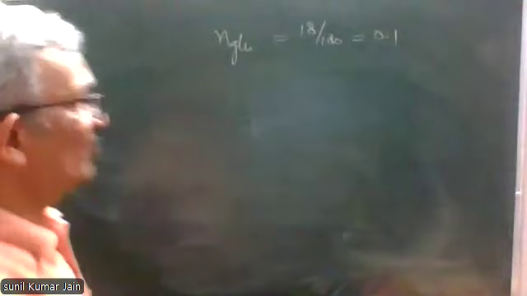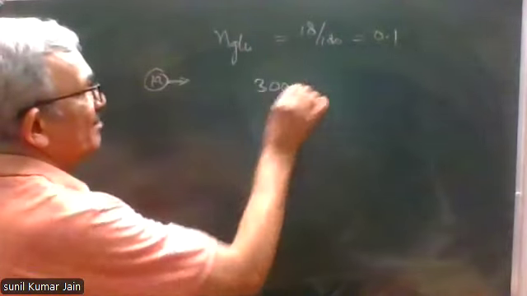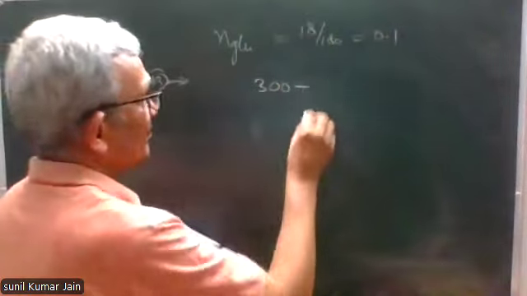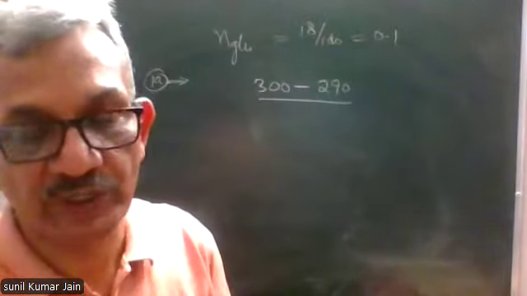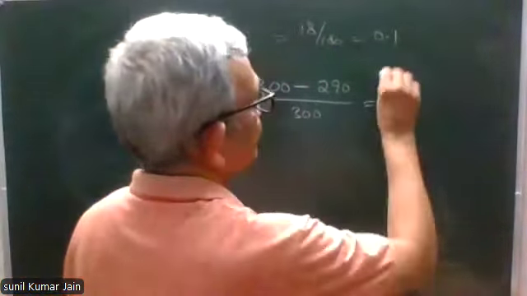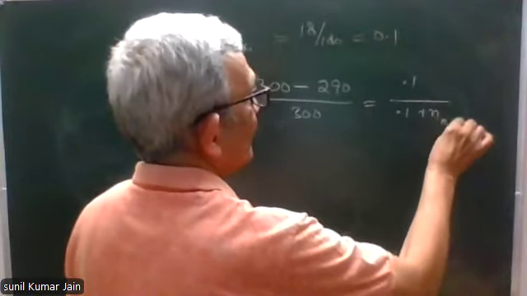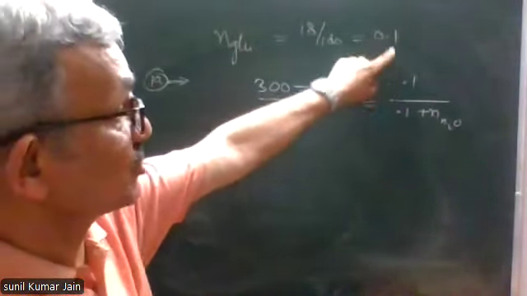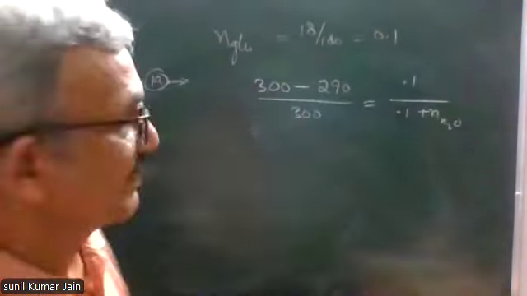I'm using equation 1A. P0A, vapor pressure of pure water 300 is given, minus PS, vapor pressure of solution 290, divided by P0 is equal to mole fraction of solute, which is number of moles of solute divided by number of moles of solute plus solvent, right?